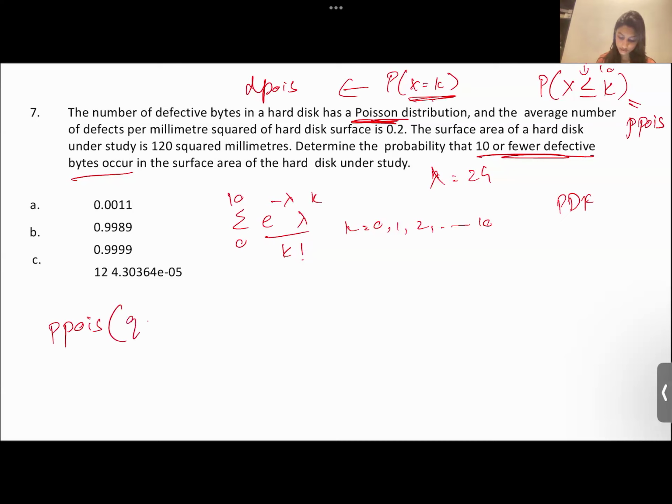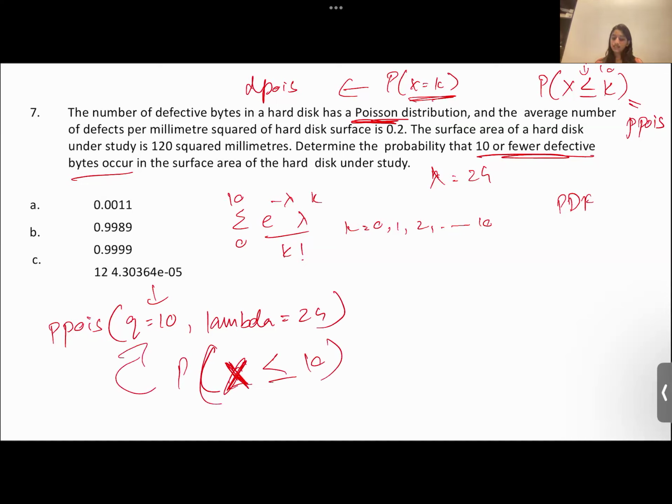So your q will be 10, because k is 10, and your lambda is equal to 24. This gives P of X less than or equal to 10.